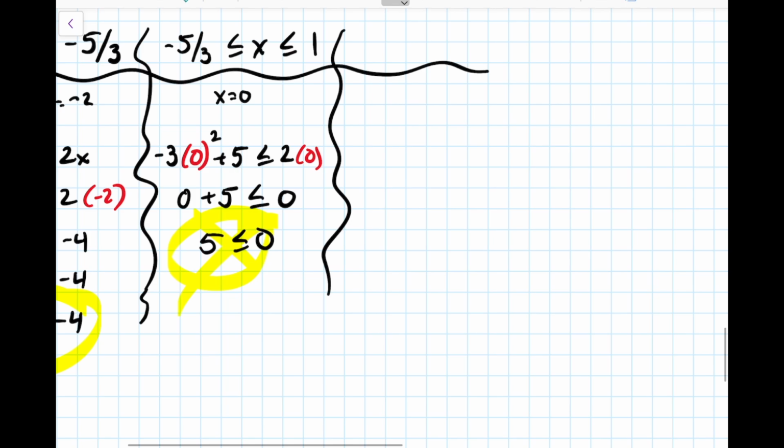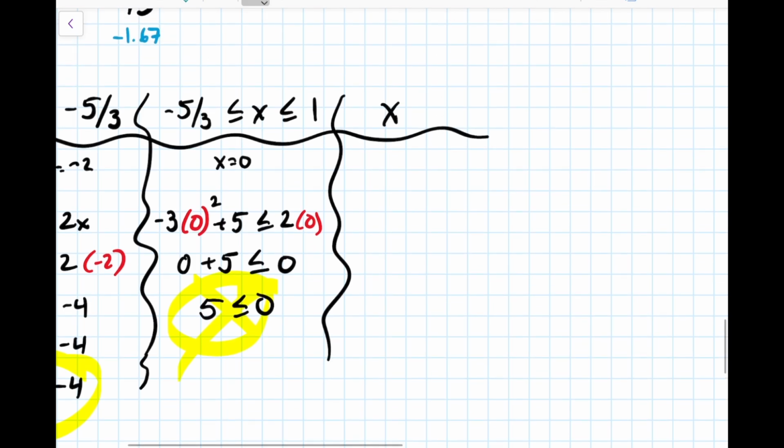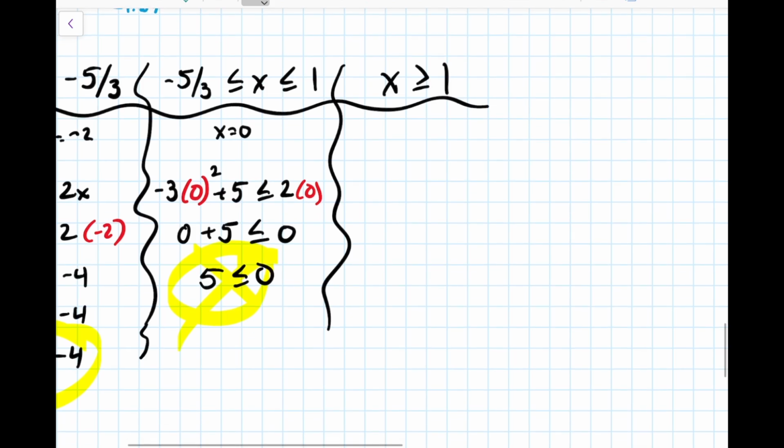And then we test our section on the right, which is when x is greater than or equal to 1. So we're going to plug in x equals 2. We've got negative 3 times 2 squared plus 5 less than or equal to 2 times 2.